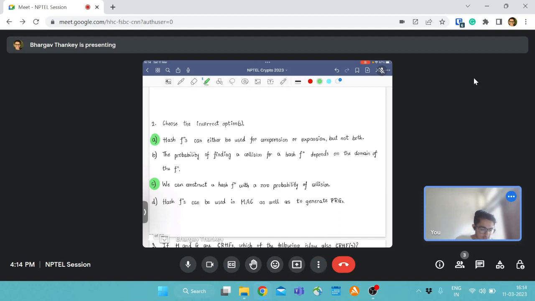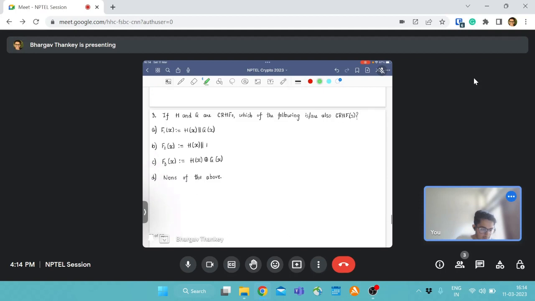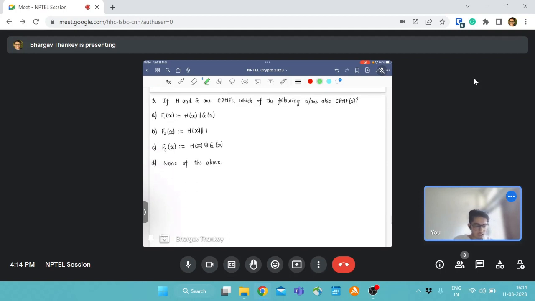Okay. Let's move on to the next problem. The third problem is if H and G are CRHFs, that is collision resistant hash functions, then which of the following is or are also collision resistant hash functions? Option A is f1 of x defined as h of x concatenated with g of x.